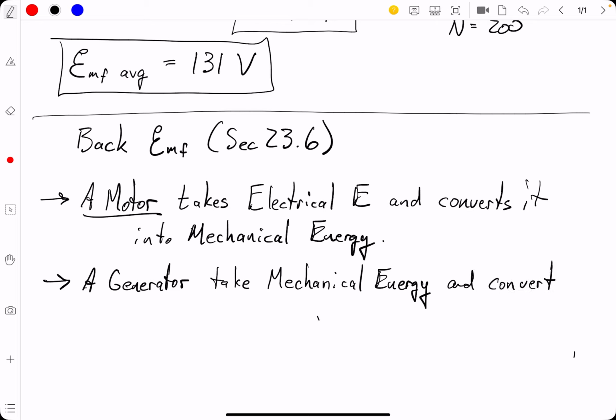All you have to do is have some permanent magnets around and you can do it. All right. So, motor and a generator, same device. One's run forward, one's run in reverse. So let's look at a motor.